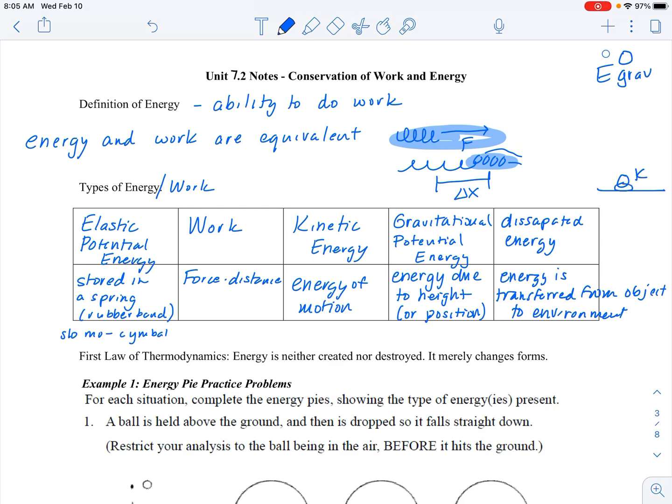But then let's say the clay hits the ground and it smooshes. Where did all of the energy go? Well, we would call it dissipated energy. It goes into sound, it goes into heat, it goes into deforming or smushing the clay itself.